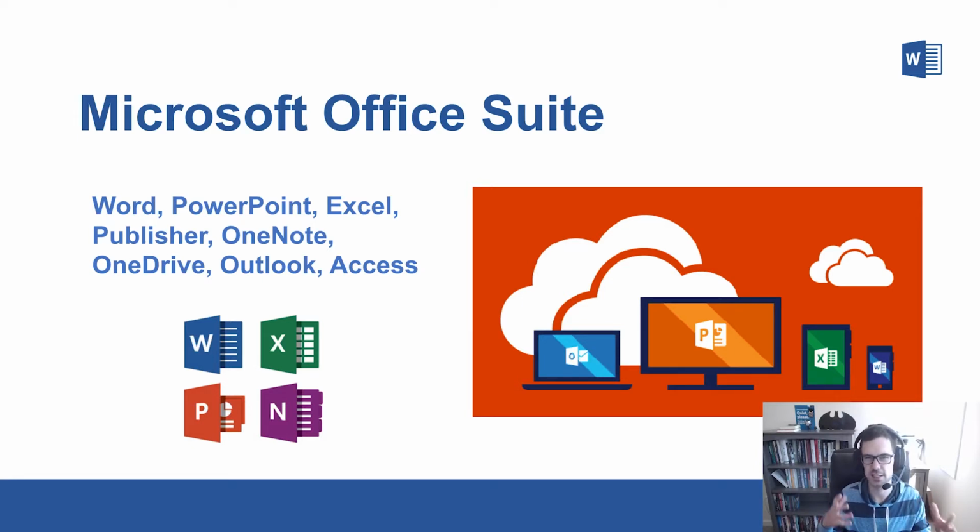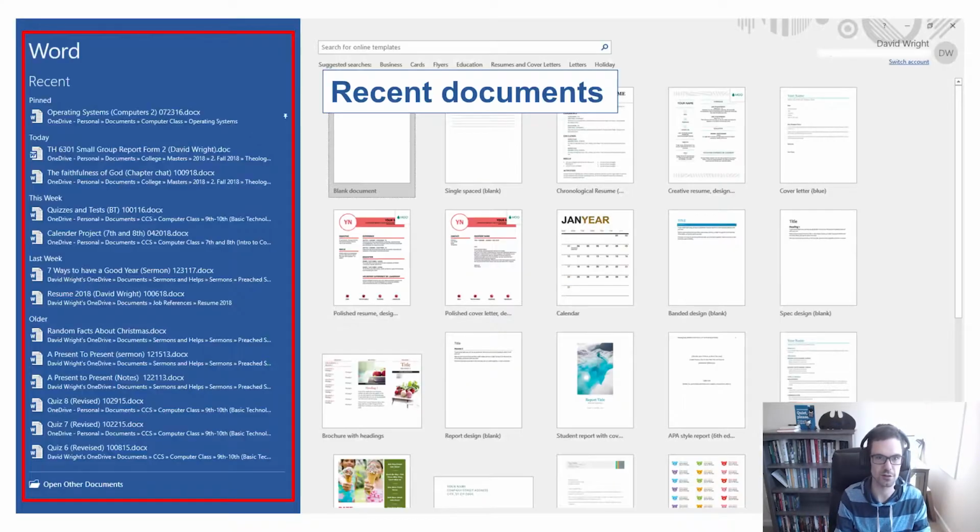Publisher, which is kind of a desktop production type piece of software used for creating cards and calendars and all sorts of things of the like. OneNote, obviously what it sounds like, taking notes. OneDrive is the cloud-based software by which you can store all the different pieces of Microsoft Office and sync them between computers. Outlook, that happens to be their mail software, and Access is their database software for Microsoft. Okay, so that's kind of an overview of the Microsoft Office suite.